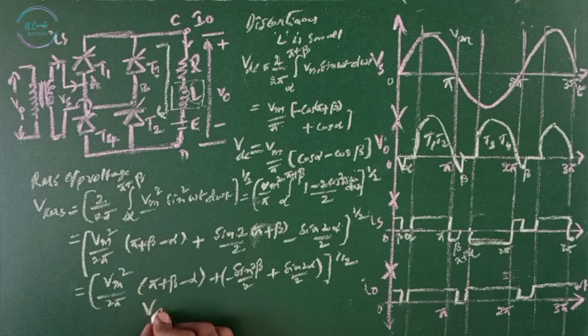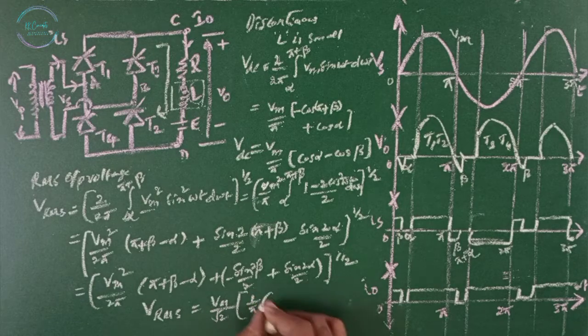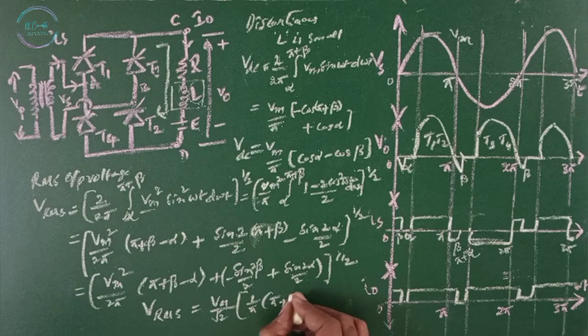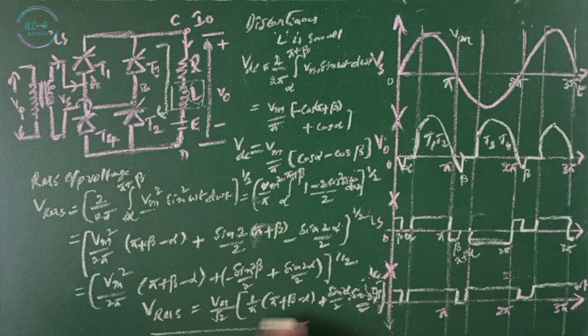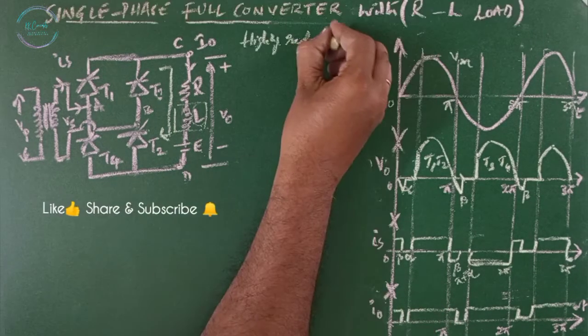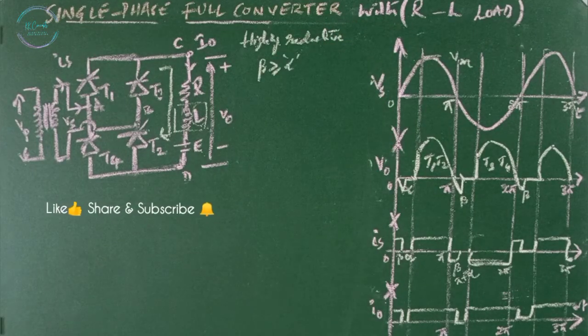Then V RMS equals Vm by root 2 times 1 by pi of pi plus beta minus alpha plus sine 2 alpha by 2 minus sine 2 beta by 2, under the square root. These are V RMS.